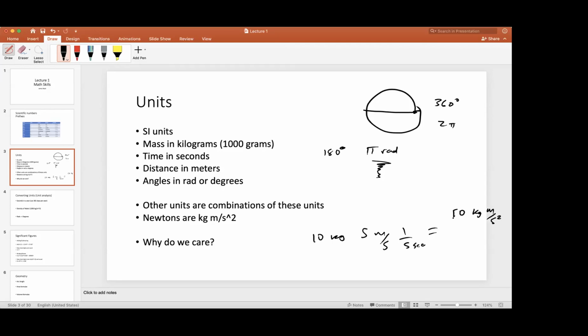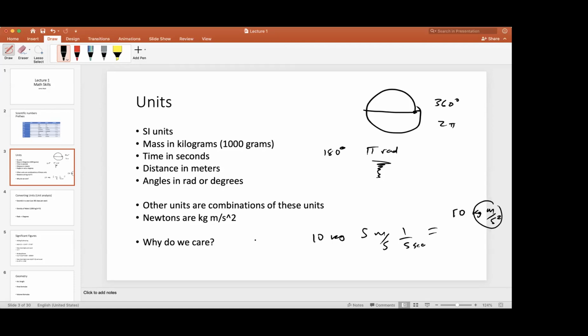I know these units are newtons. So I know I've got my math correct. That's a pretty bad example, but in a sense, they're useful for checking yourself.